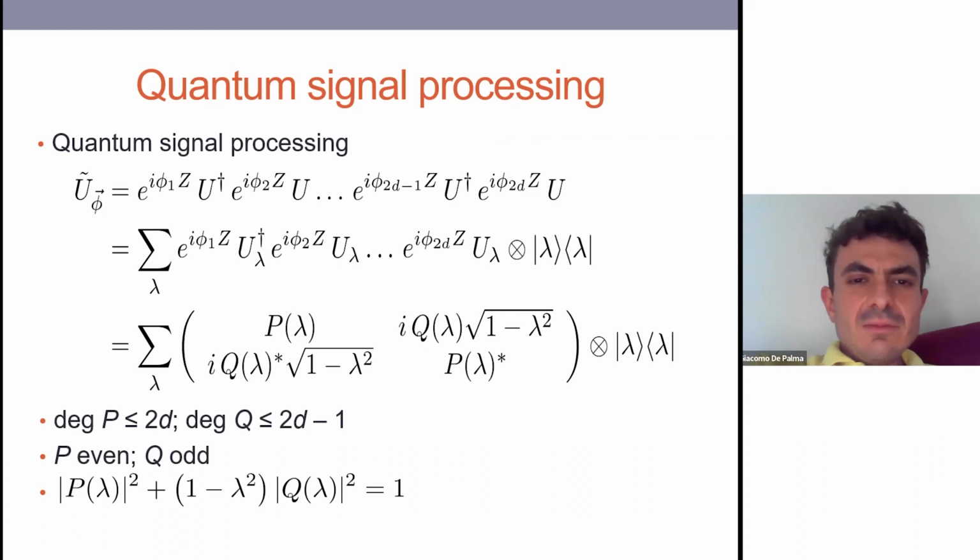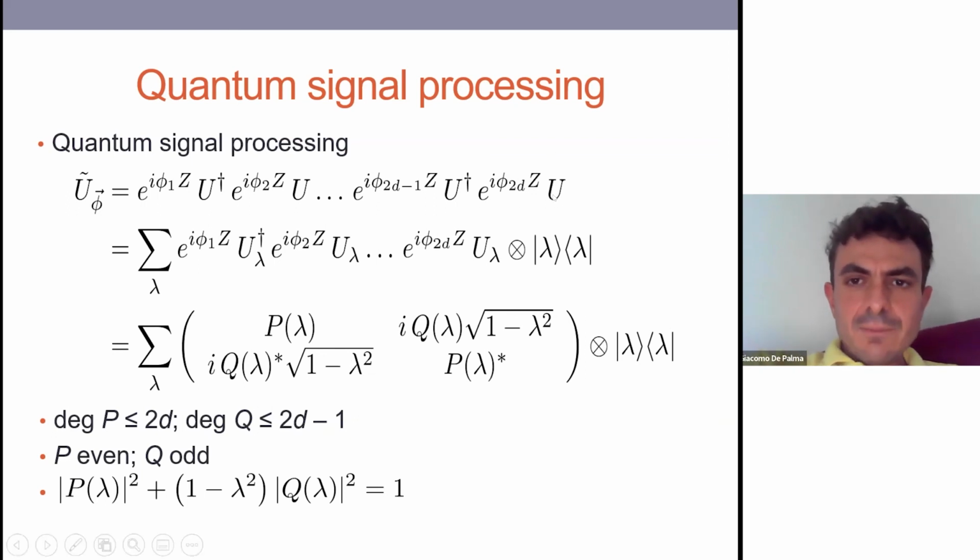Now, how does this object on the left look? You can check by hand that this object is always a unitary matrix that has this form. So here in the top left corner, we have a polynomial P of lambda. In the bottom right corner, we have the complex conjugate of P. And then we have in the top right i Q of lambda times the square root of 1 minus lambda squared, while in the bottom left, i times the complex conjugate of Q times the square root of 1 minus lambda squared.